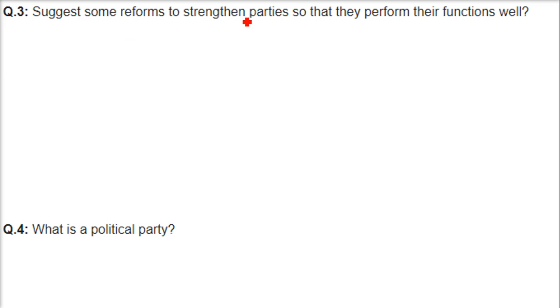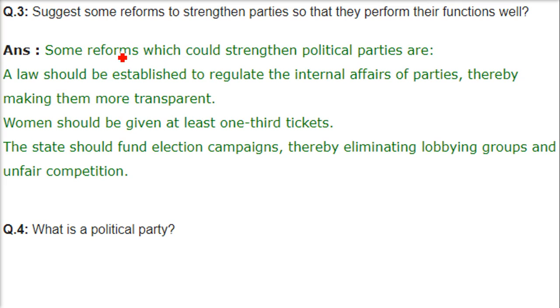Suggest some reforms to strengthen parties so that they perform their functions well. So these reforms can be very helpful in strengthening political parties. First, a law should be established to regulate the internal affairs of the party. That is, all the working of the party should be made transparent.